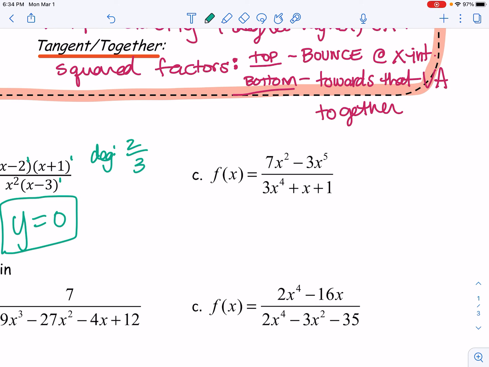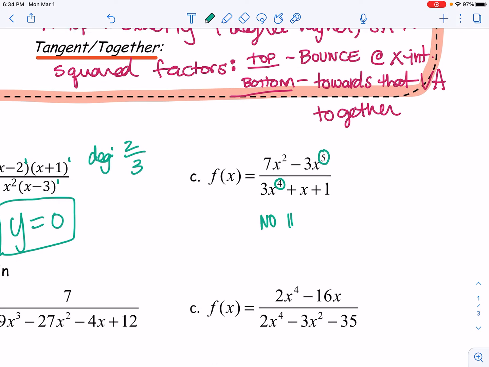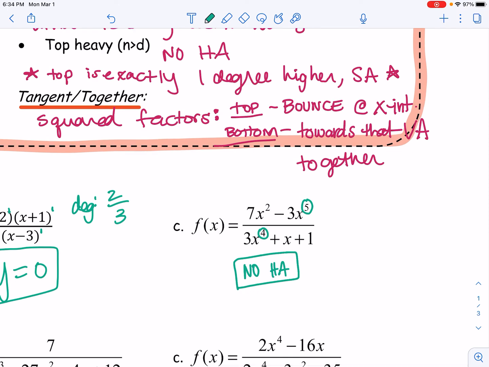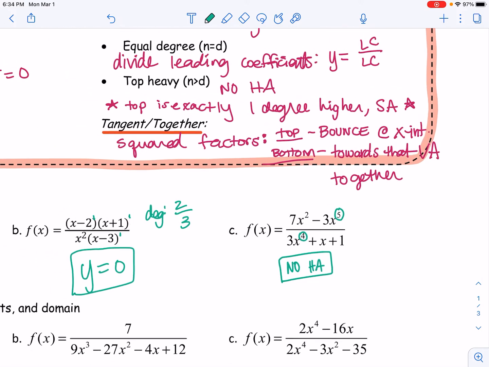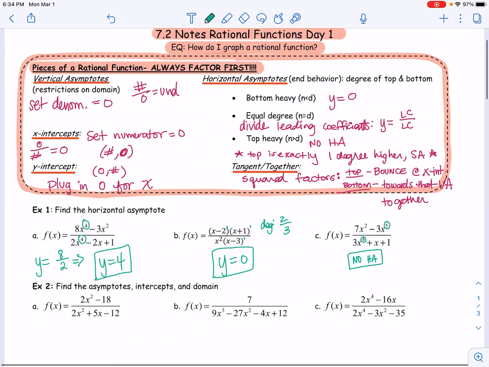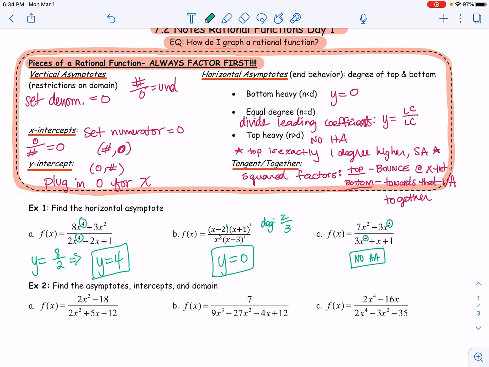The highest degree up top is 5. The degree of the bottom is 4. This is top heavy, so no horizontal asymptote. Because it is exactly 1 degree higher, it will have a slant asymptote. We'll talk about that more in detail in 7.3. This is all we're focused on today.